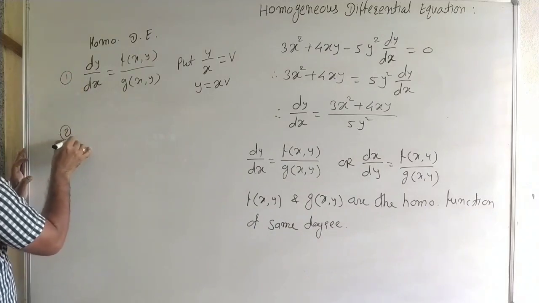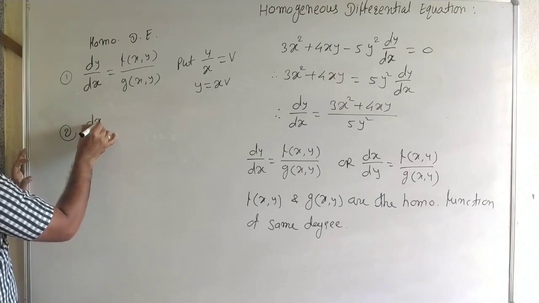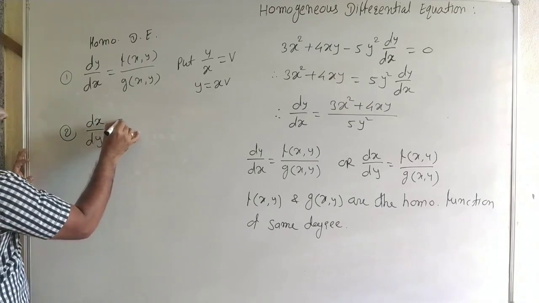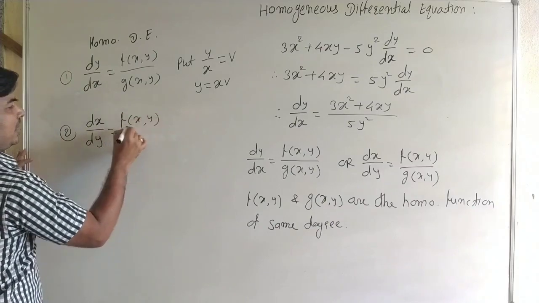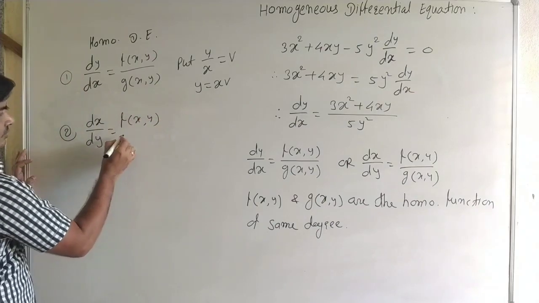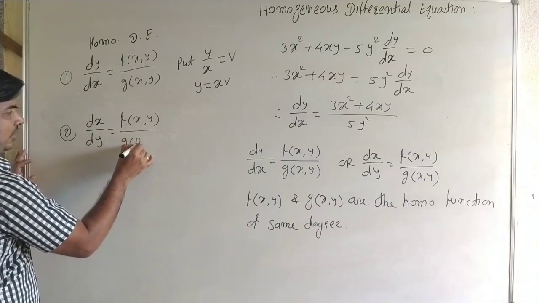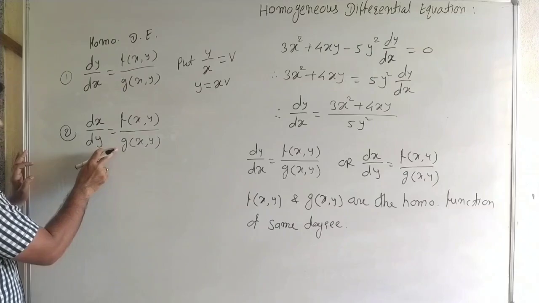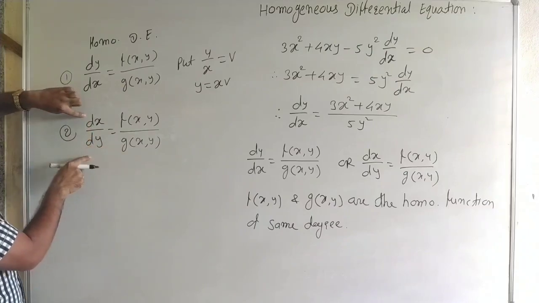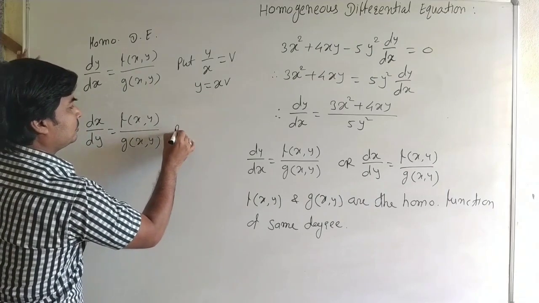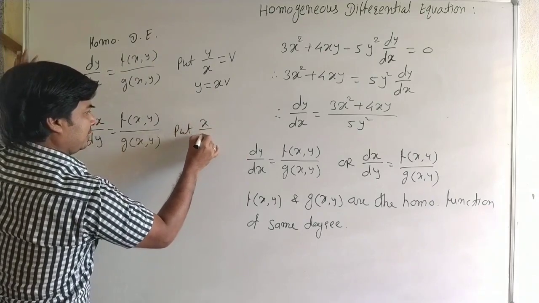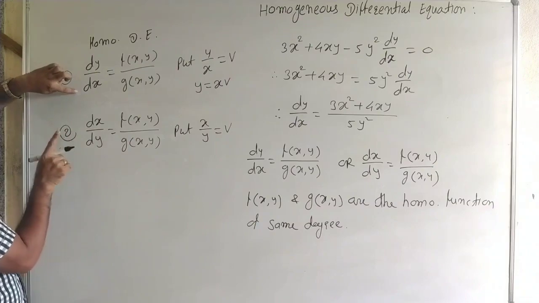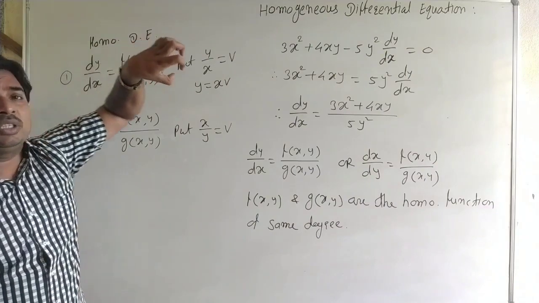And the second: when we write the differential equation in the form where f of x comma y is any function and g of x comma y is any function, both homogeneous functions, if we write dx by dy, then we put x by y is equal to v. Here it is dx by dy and here it is dy by dx. We can apply both methods.